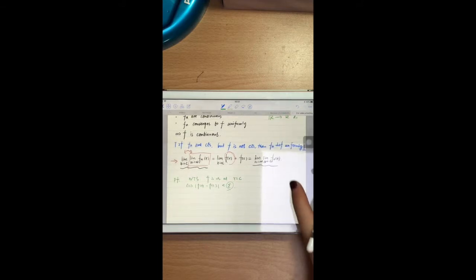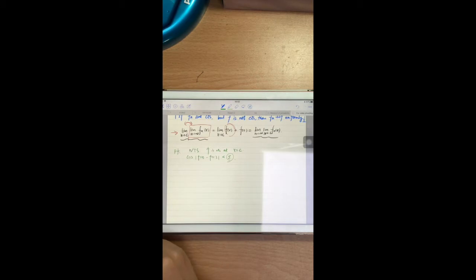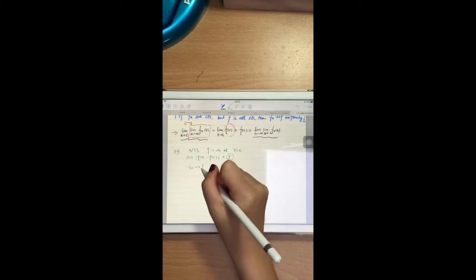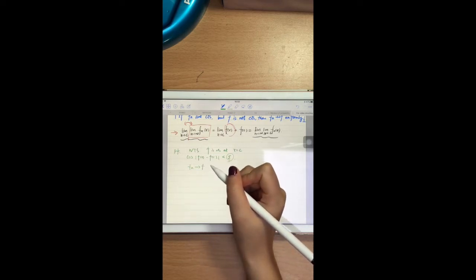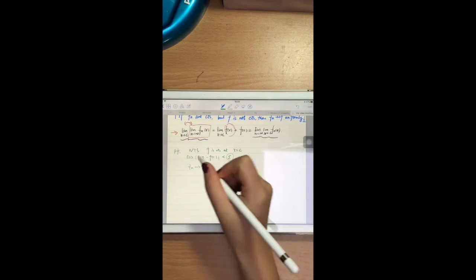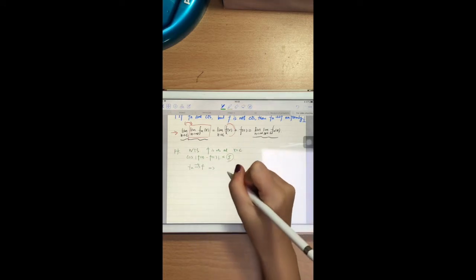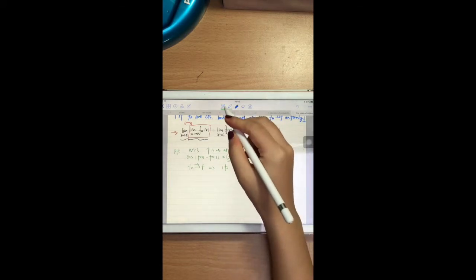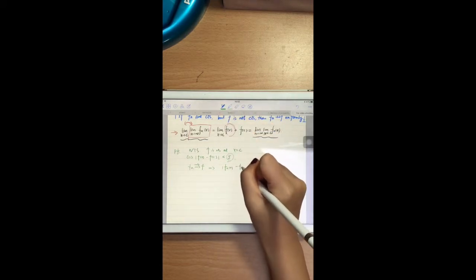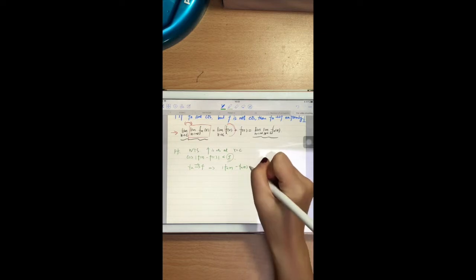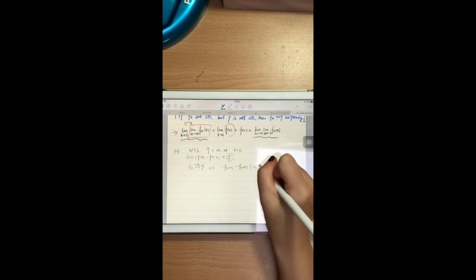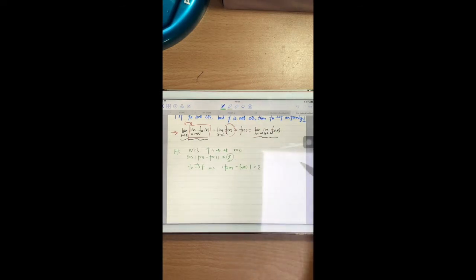So the condition that we have is that f_n is uniformly converging to f. That gives us that |f_n(x) minus f(x)| is going to be smaller than epsilon, or you can take half of epsilon or something.